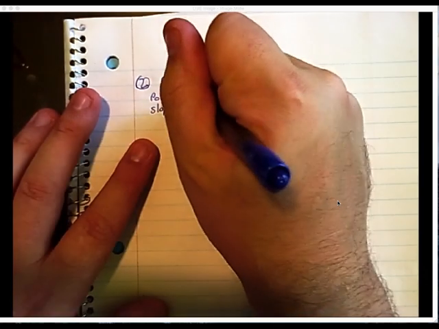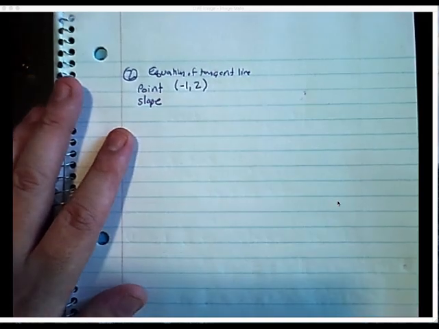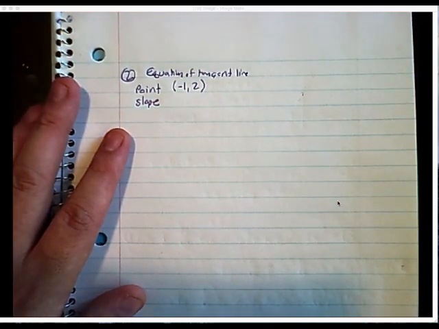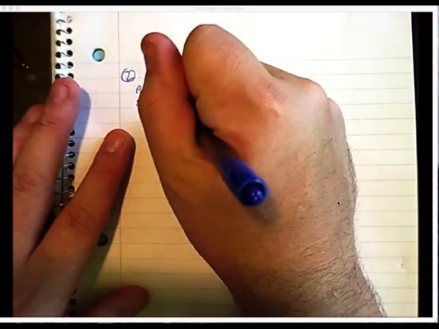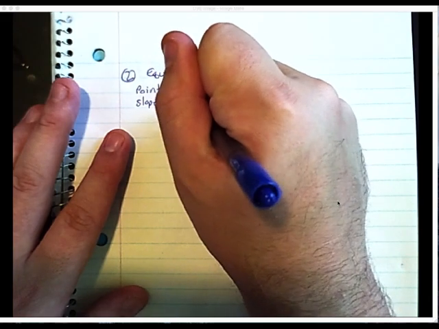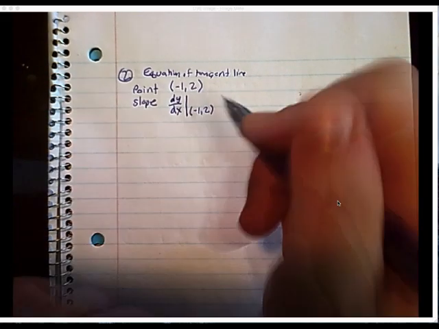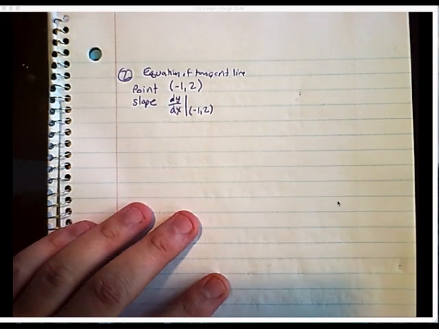So the point, they actually gave me both the x and the y value of the point, -1, 2. But I don't know what the slope is. So the slope is going to be equal to the derivative evaluated at that point. Now normally we just need the x values for explicitly defined relations, but for these I'm actually going to need both the x and the y values.